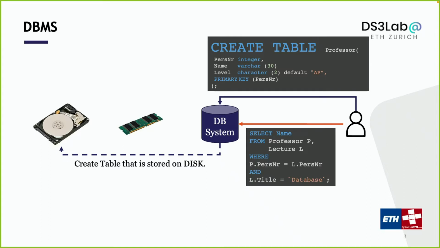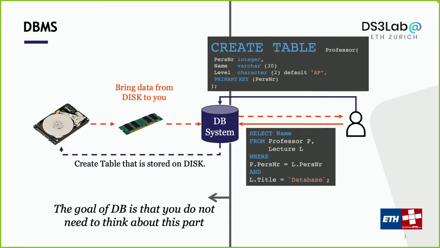Whenever the user issues, for example, one SQL query, the goal of the system is to bring the data from the hard drive all the way to you as a user and return that as a relation. And the goal is really to understand how we can build a system where the user doesn't need to worry too much about how this query answering process is being conducted. So this is our workload.